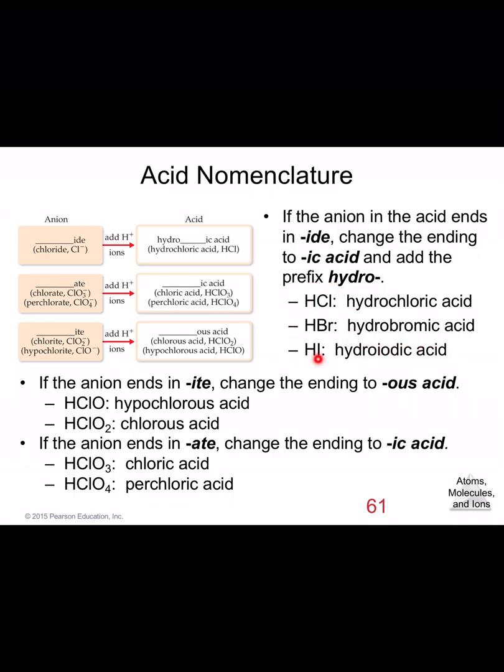These are binary acids. But with oxyacids, you see here chlorate and perchlorate, you add H plus to make it an acid. If the anion ends in ate, the acid ends in ic. Chlorate becomes chloric acid, HClO3. Perchlorate becomes perchloric acid. If the anion ends in ite, like chlorite or hypochlorite, you add H plus and the acid ends in ous: chlorous acid, hypochlorous acid.